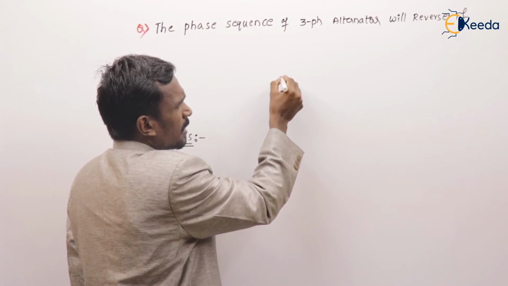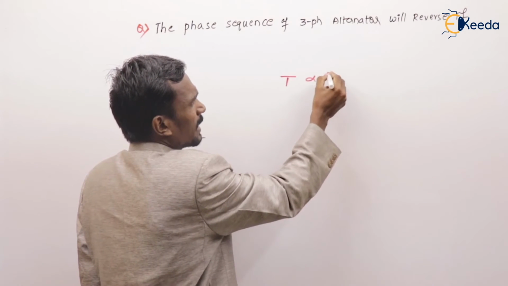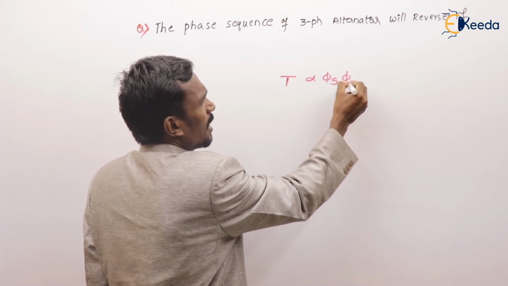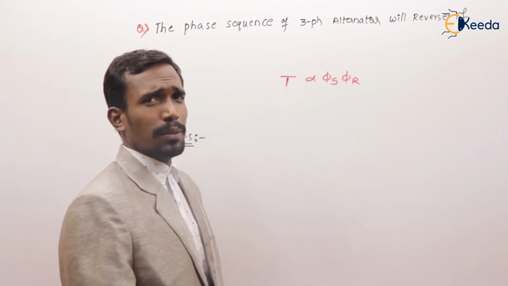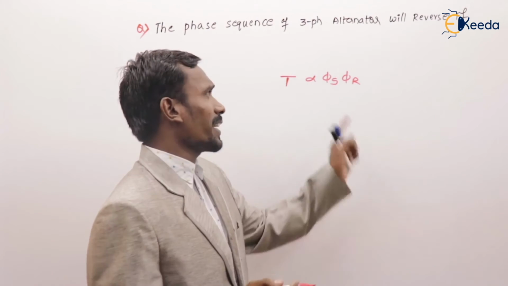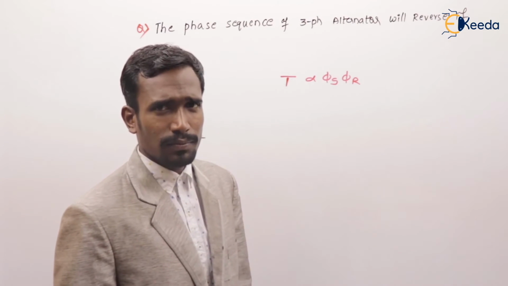Generally, torque is directly proportional to phi s and phi r. The torque is directly proportional to two fluxes, stator flux and rotor flux.